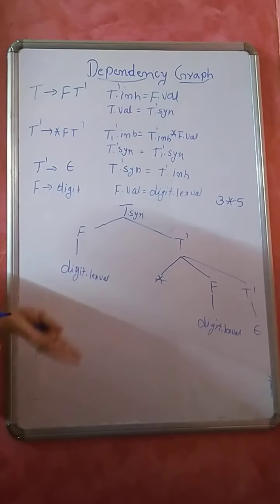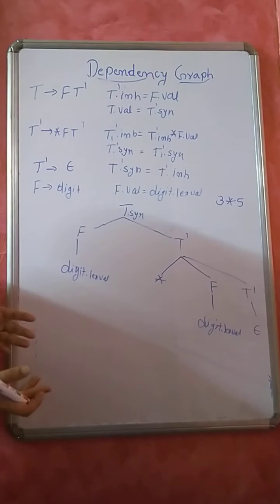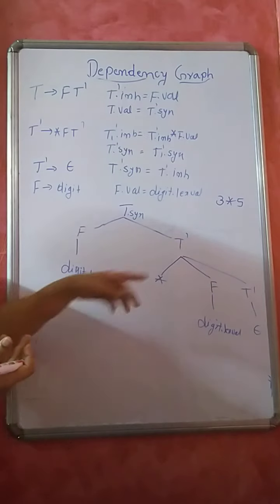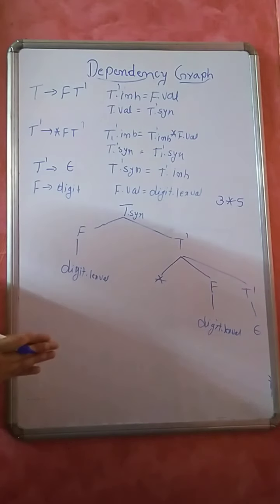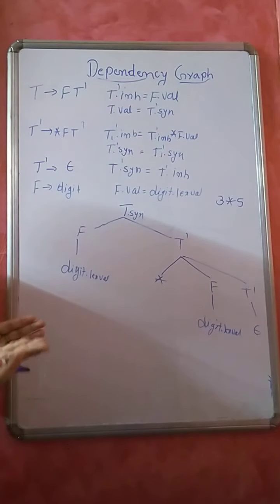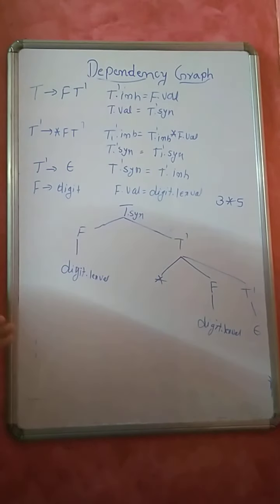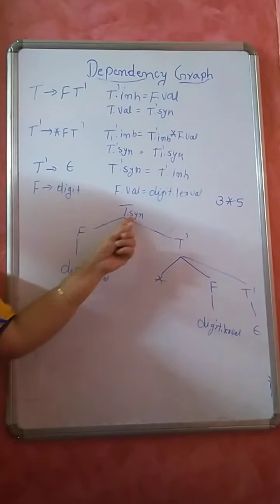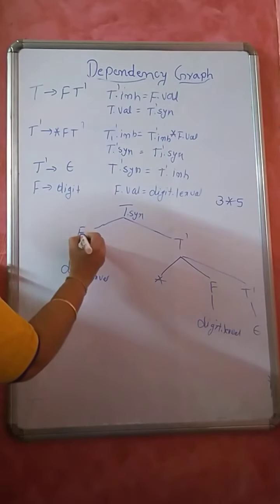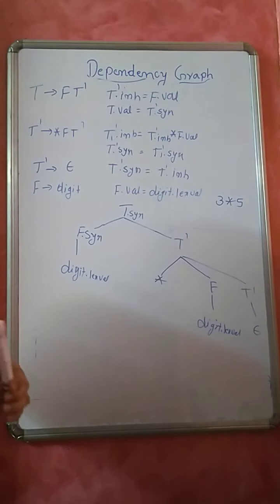And for any other non-terminal which you obtain after converting an ambiguous grammar to an unambiguous grammar, or while performing left recursion removal or left factoring, such as T dash here, there may be an inherited value and a synthesized attribute associated with that. But the original grammar symbols of your given grammar, like F and T, will have only the synthesized attribute associated with them.